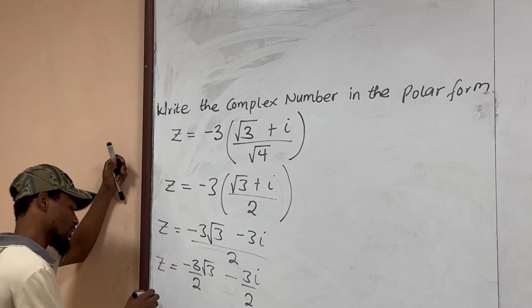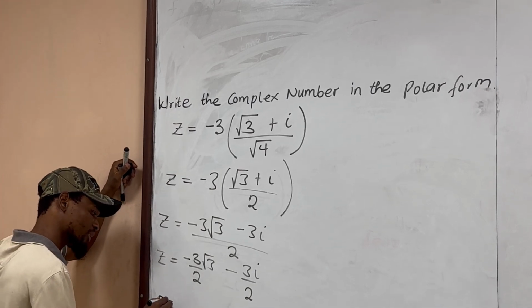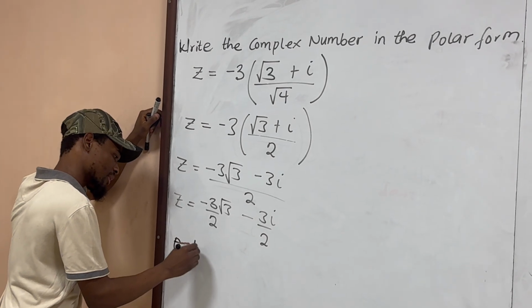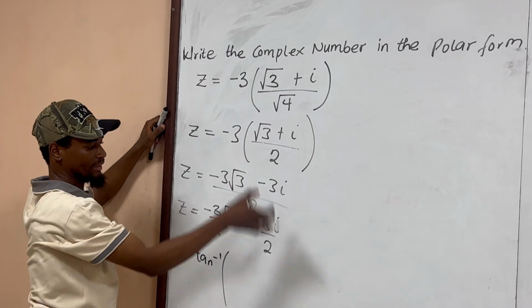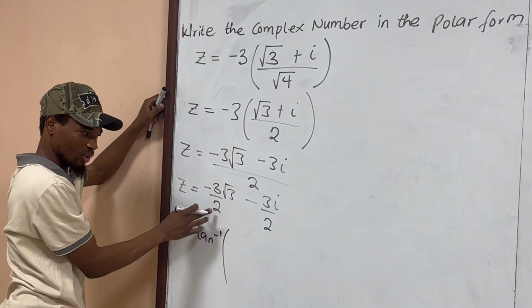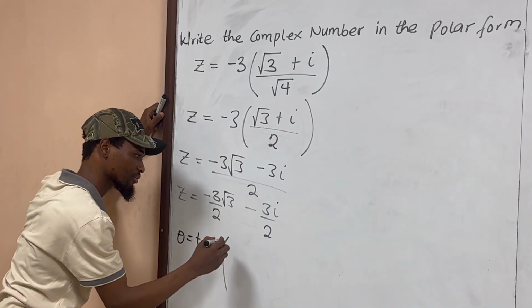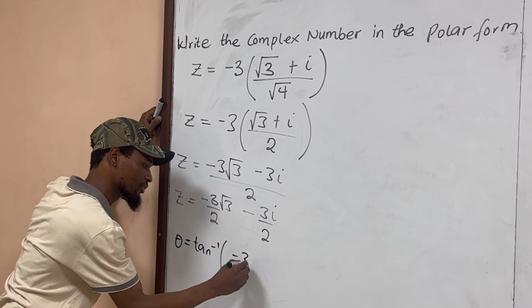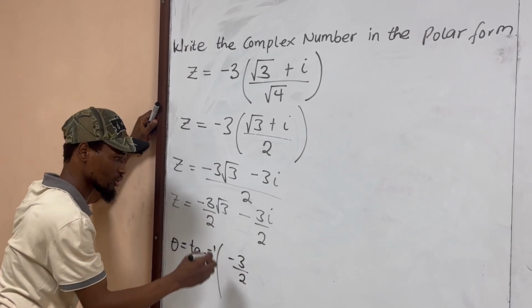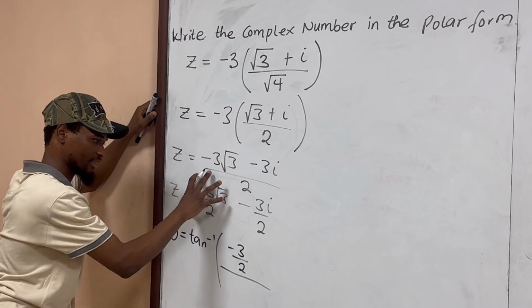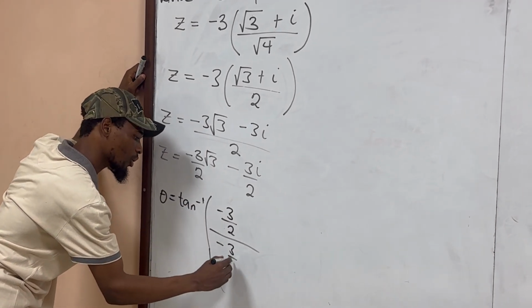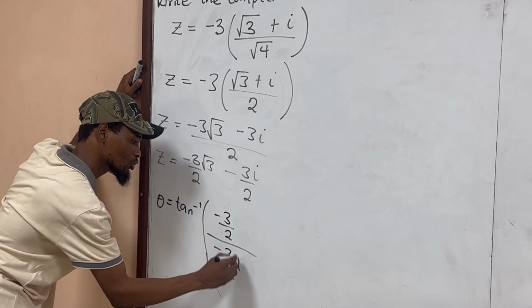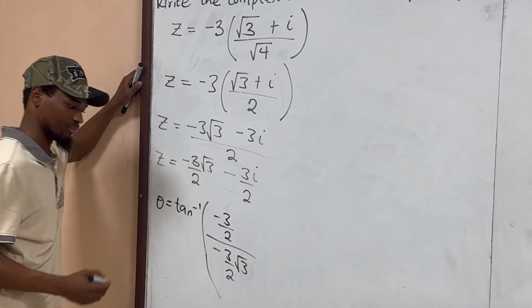Now, the angle theta is given by tan inverse of this over this. So we have negative 3 on 2, all over negative 3 on 2 root 3.